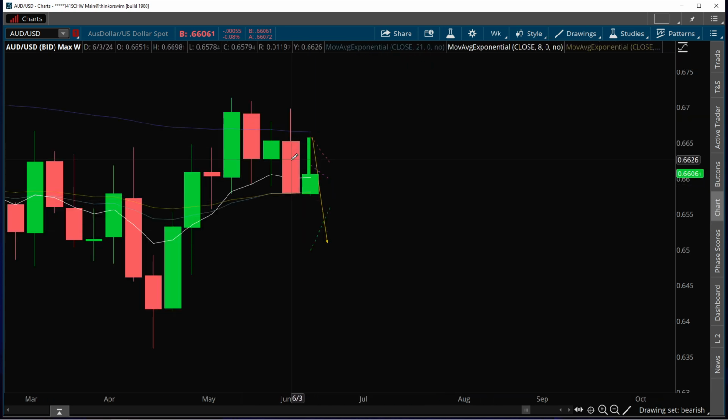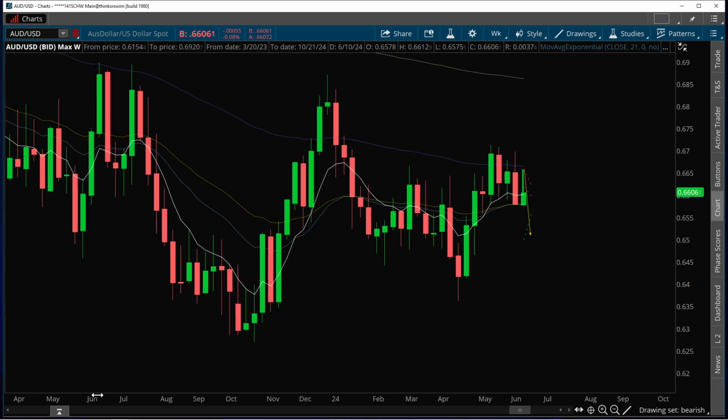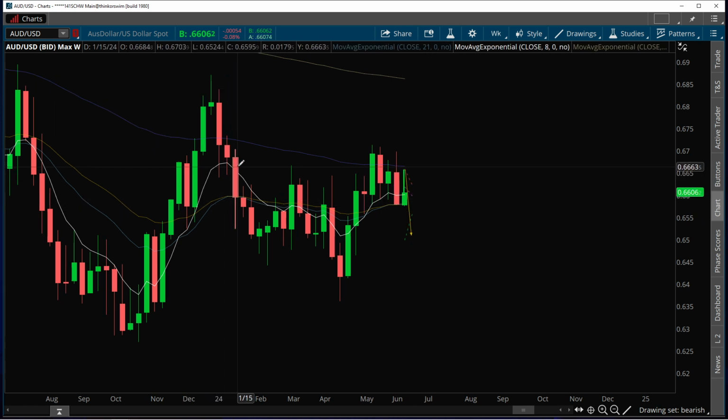Last week we closed below our weekly 8, and we want to stay below this weekly 8. We're looking for this 8 to cross back below the 34. It's only going to do that if we close below the 8. We're looking for a double top, right? You're looking for this expanded flat, and we're looking to drop. So we want to close this week below the 8. And that is that.